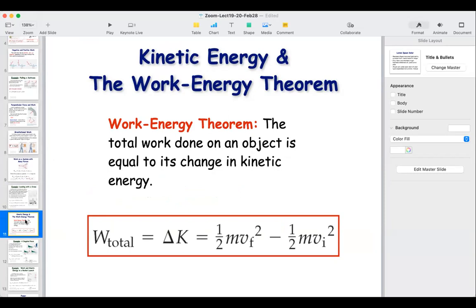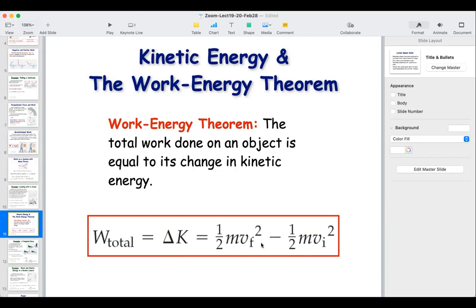So let's see the work energy theorem. The total work done on an object is equal to the change in the kinetic energy. The kinetic energy is defined as 1/2 mv squared, and the change in the kinetic energy is 1/2 m v final squared minus 1/2 m v initial squared.